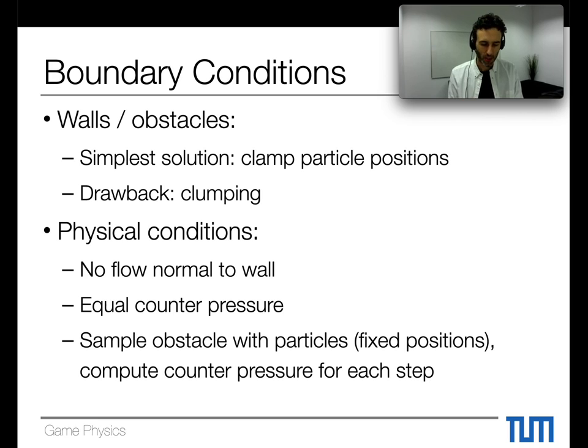What is typically better is to model this a bit more physically in this way. So we basically want to say there is no motion. We can definitely remove the velocity into the wall, right? Nothing should move through a wall.